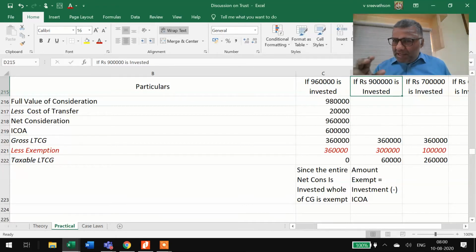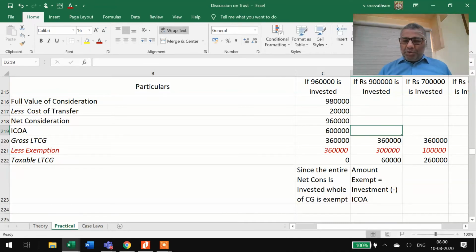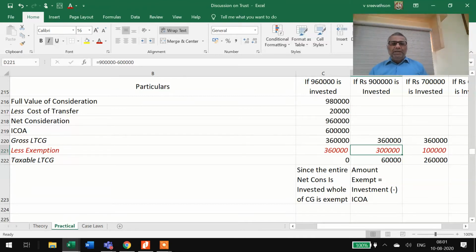It's a very intelligent provision in the law that you have already claimed some utilization. Over and above, if you use something, that alone I will give you as utilization. That's why the exemption is 3 lakh, 1 lakh and nil. Even though you have utilized 6 lakhs, you have already claimed it, so now you are not claiming anything. That's the intention of the lawmakers.